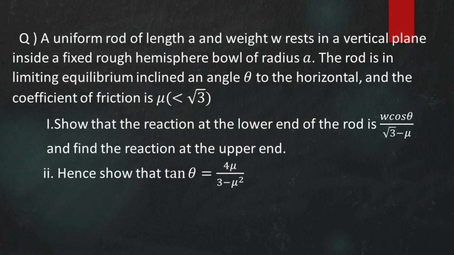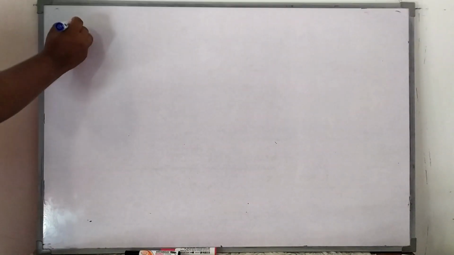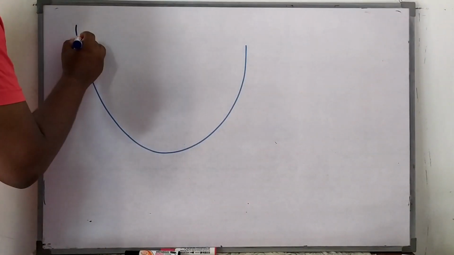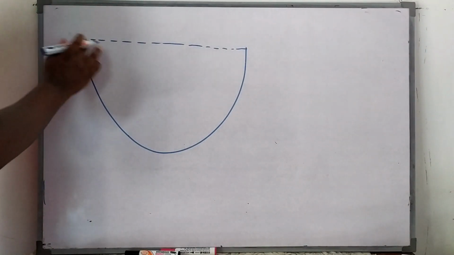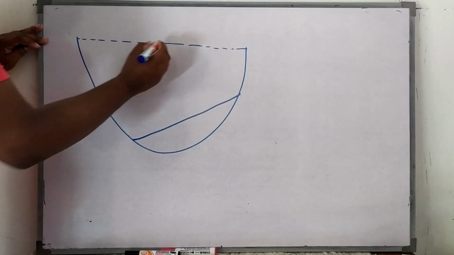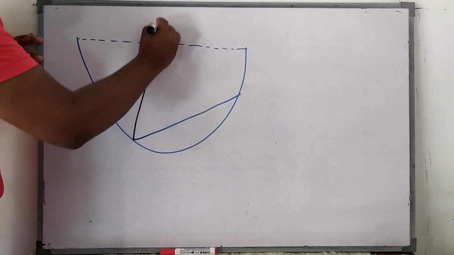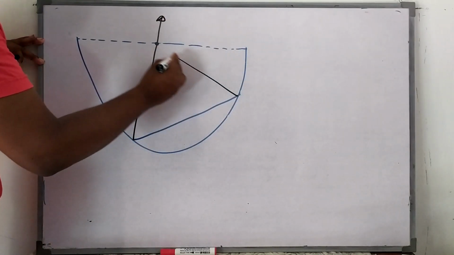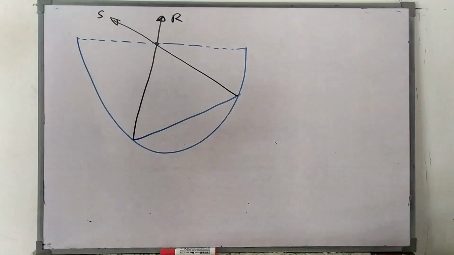First of all, you have to find the reaction at the lower end. How to find this? This is my hemispherical bowl, and this is the rod. This is the origin of the hemisphere, and all the reactions, S and R, pass through the origin.